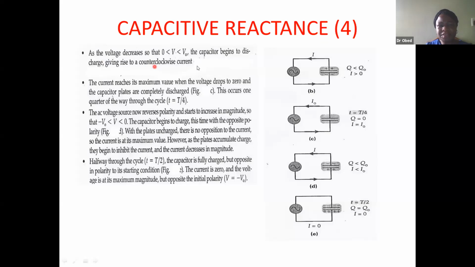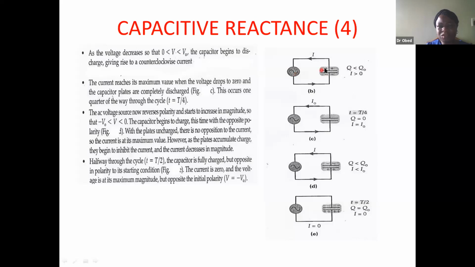As the voltage decreases, so that V is greater than 0 but less than V naught, the capacitor begins to discharge, giving rise to a counterclockwise current. You can see that the charges are reducing.